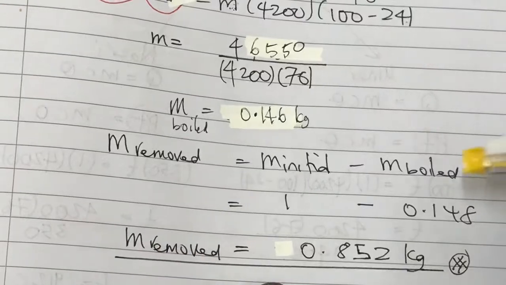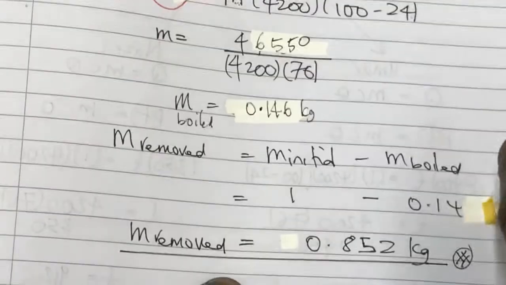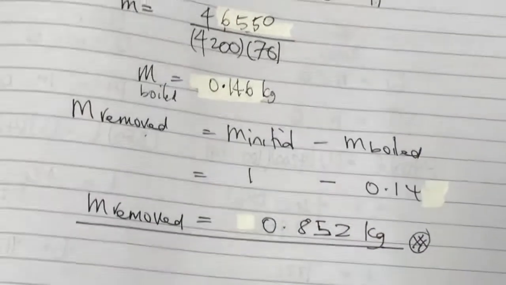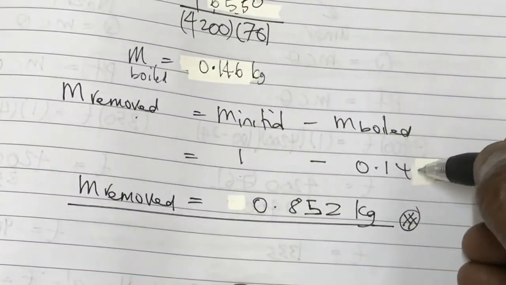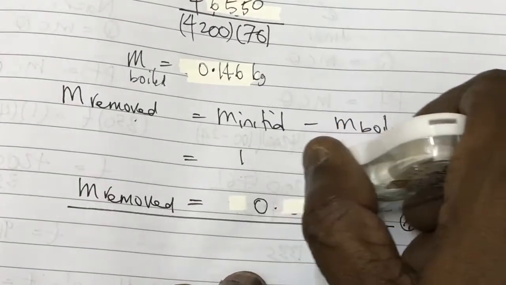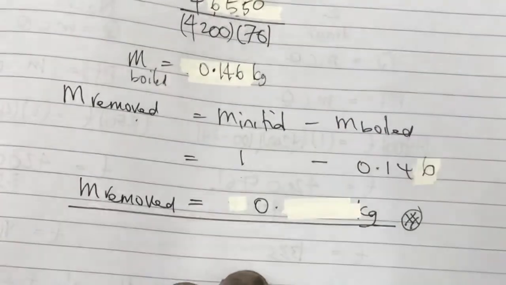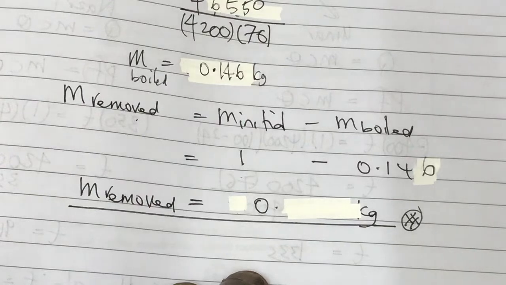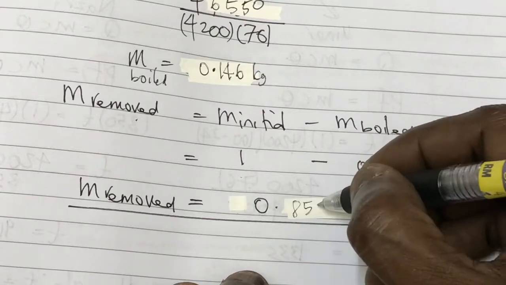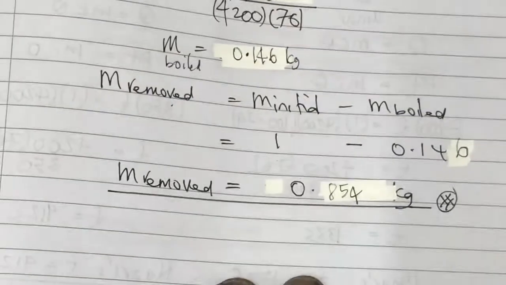So which means the mass that needs to be removed is 1 kg minus 0.146, which will give us the answer 0.854 kg.